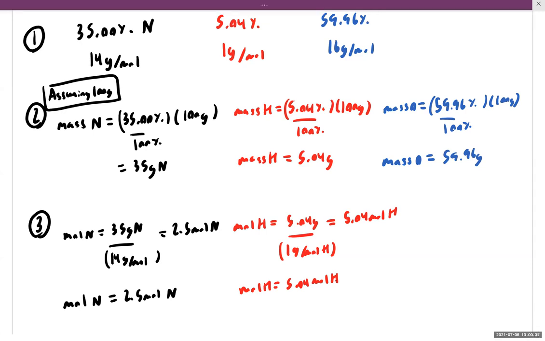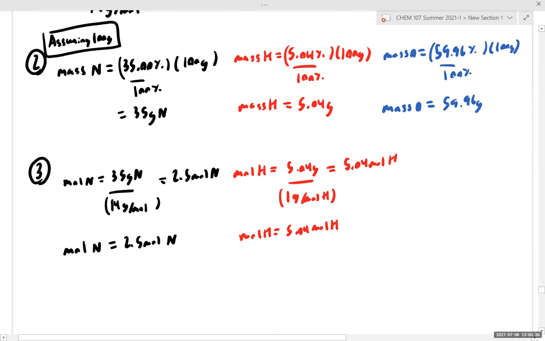For oxygen, we have a student sharing that they calculated that we have 3.7475 moles of oxygen. That was obtained by taking the mass of oxygen over the molar mass of oxygen, which is 16 gram per mole. So you have 59.96 over 16, and that gives us 3.7475 moles of oxygen.